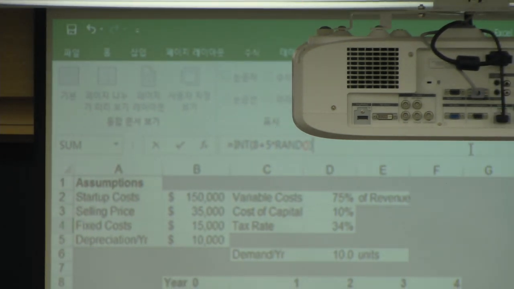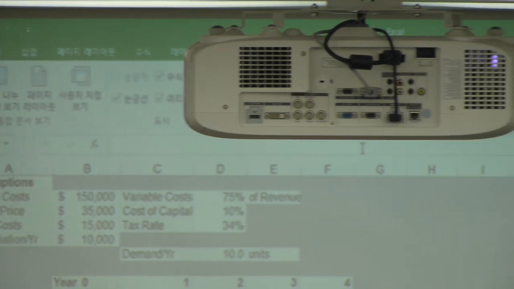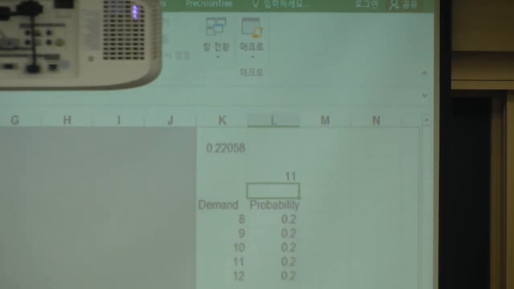So if that is the case, now I have 9 and 8, 11, 10, 9, 11, 10, so on and so forth.